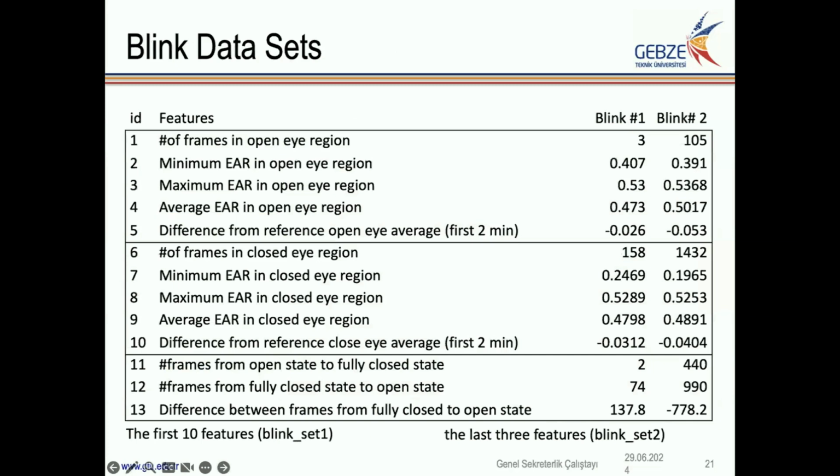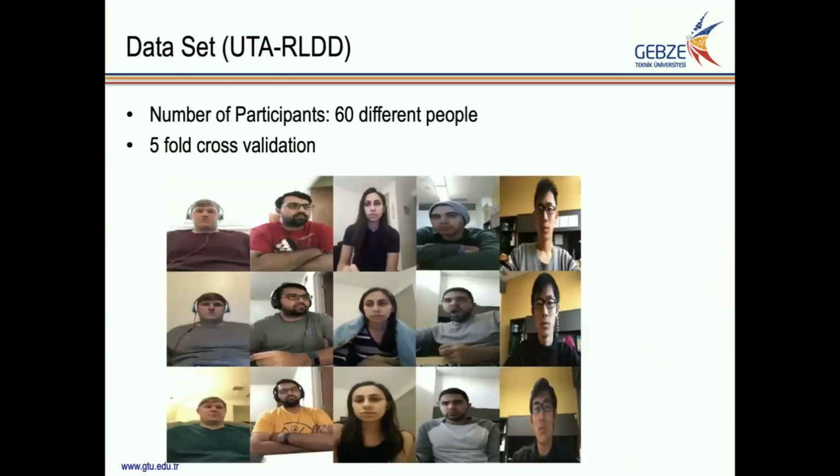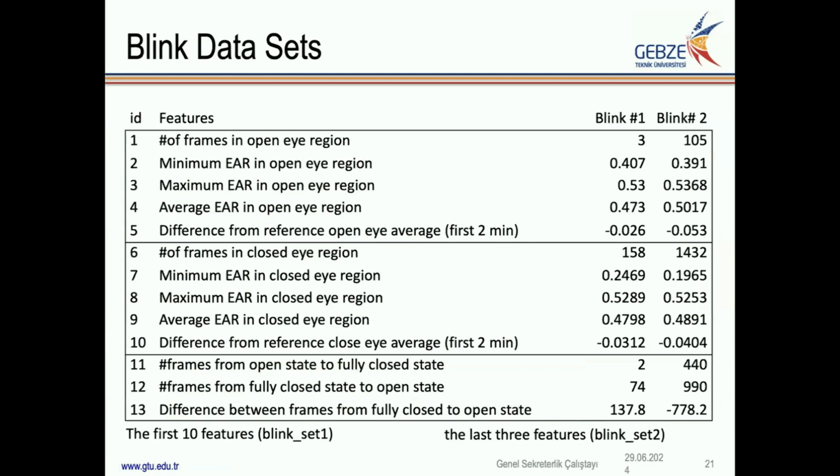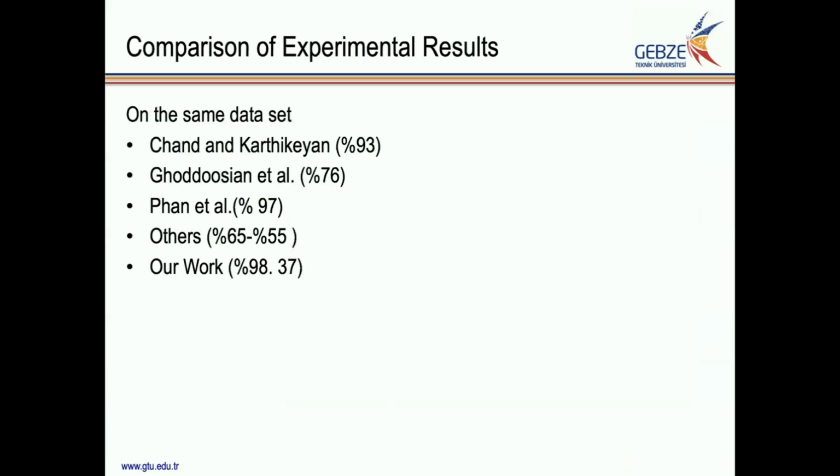When we add the last 3 features, the opening time, we get a very nice improvement in the accuracy and F1 score for all the classifiers. Again, random forest gives us very accurate results, especially 98% accuracy. And I forgot to say that we performed 5-fold cross-validation to get these results.